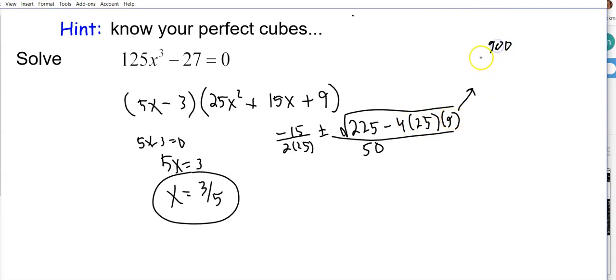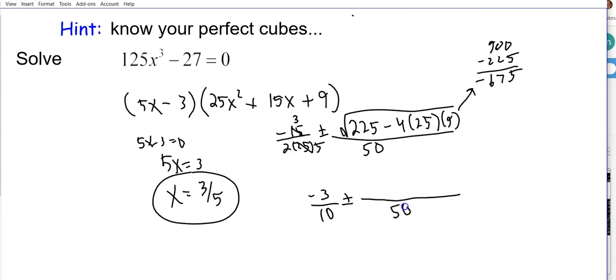I have to do it this way, 900 minus 225 when I do it by hand. 9 minus 2 is 7. 8 minus 2 is 6. So because that other one was negative, it's going to be negative 675. Okay, we'll get to that in a minute. Let's see, 5 goes in there 3 times, 5 goes in there 5 times. So we get negative 3/10 plus or minus the square root of negative 675. So that's what's underneath the radical.